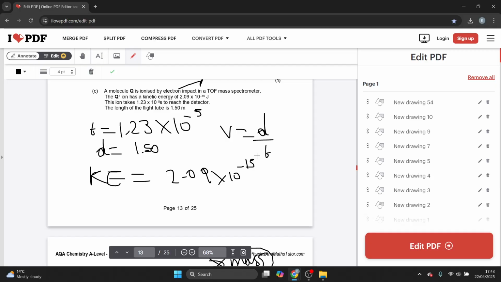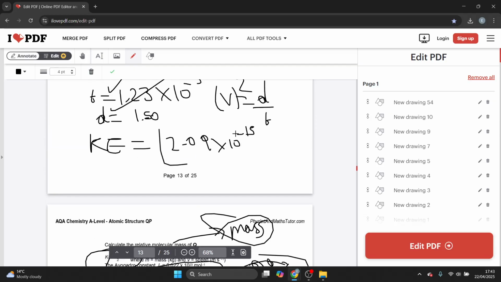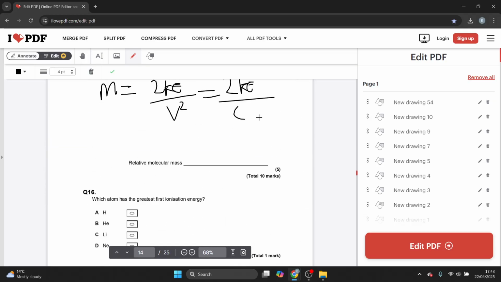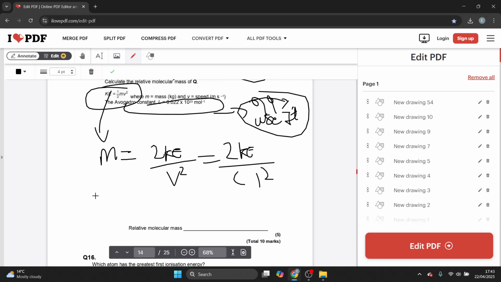So I'll find out the velocity, substitute these values in, and then I'll square it, and then substitute to here: 2KE over something squared. And kinetic energy I've already got. Not too difficult. Then you get m as 2.81 times 10 to the power minus 25 kg.